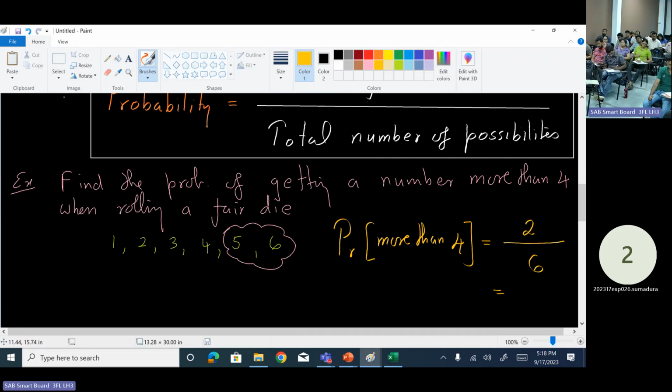Now when you have this kind of expression, give the probability value in the maximum simplified version. So here 2 over 6 can be further simplified to 1 over 3.